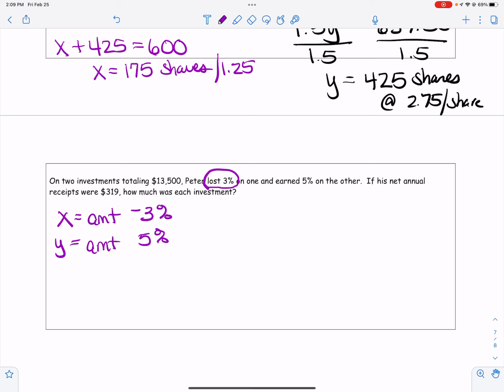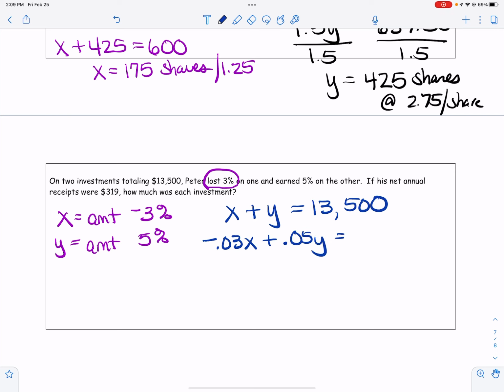and y is going to be the amount at the 5%, okay? So we know his total investments, again, total investments is going to equal 13,500. Okay. With the percentages, because it's a loss, it's going to be negative 0.03x plus 0.05y, and that's going to equal the interest or the net annual receipts of $319.